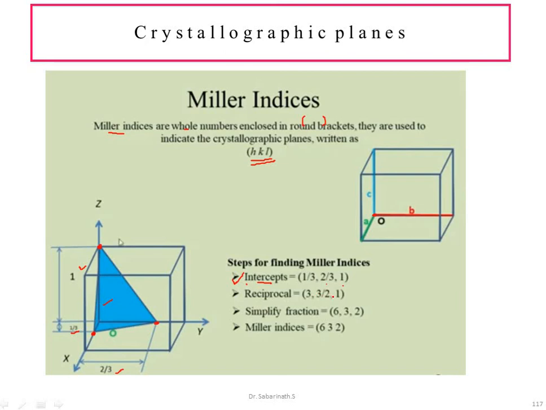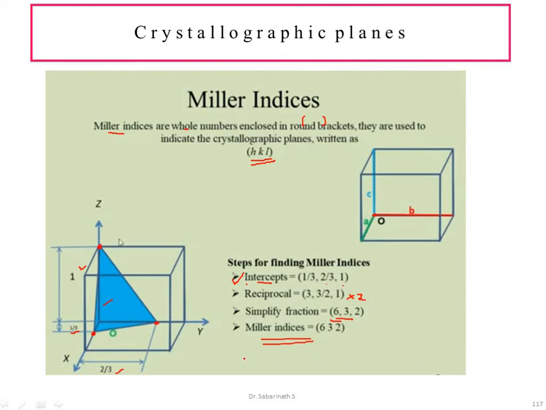Then we check whether there is a fraction, and if there is, we multiply by the common denominator. Here the common factor is just 2. Multiplying, we get these values, and this is represented as the Miller indices.